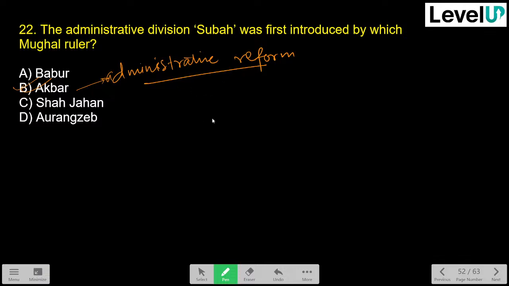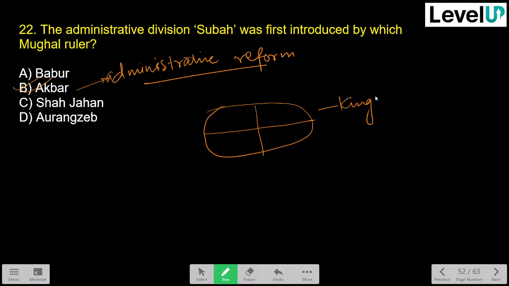So he divided the whole kingdom into different provinces, or you can say subas. In English these will be known as provinces.